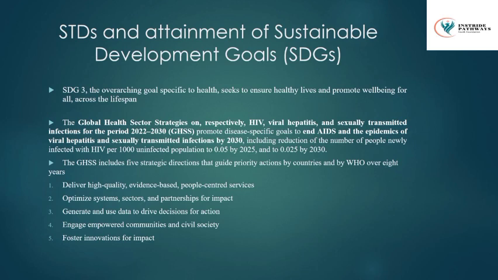Bring new innovations, discoveries, research, and inventions that may reduce STDs and improve general health, so that the overarching goal of SDG Goal 3, which is specific to health and the general well-being of the people, is met.